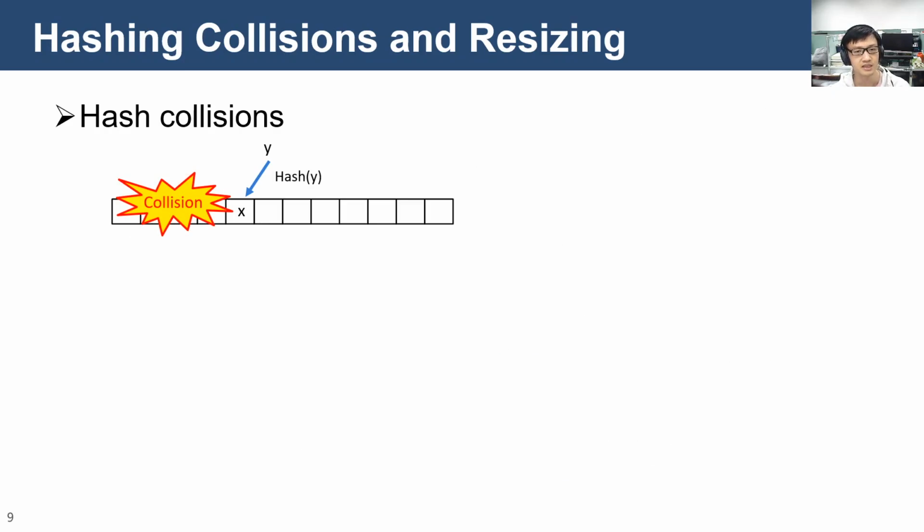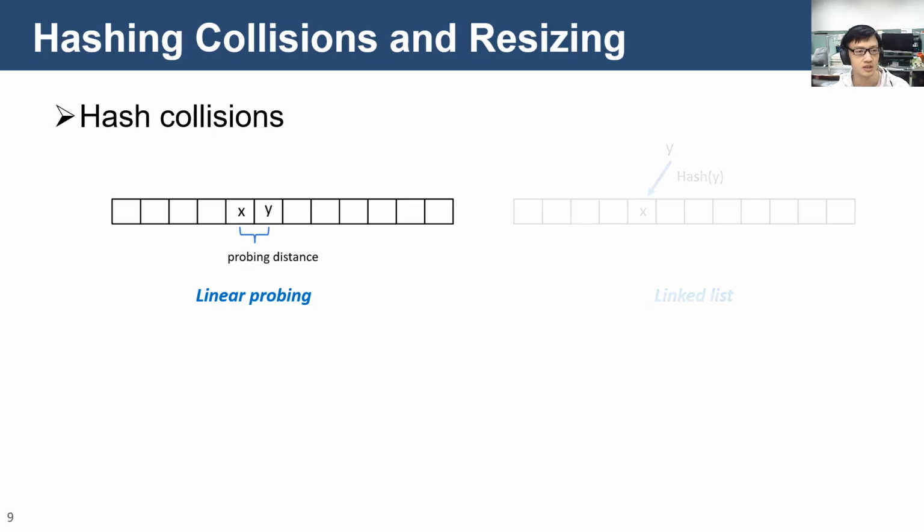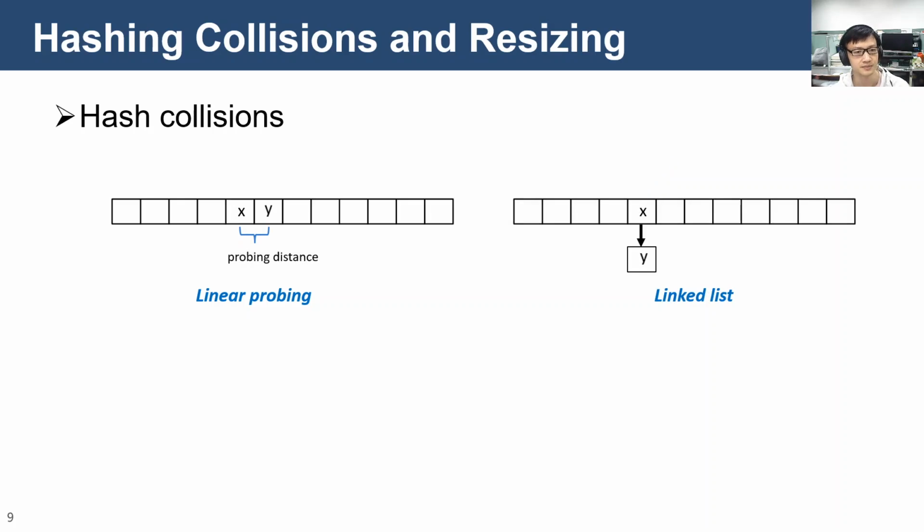However, different keys may be mapped to the same location, called hash collision. Typical solutions include linear probing and chaining with linked lists.